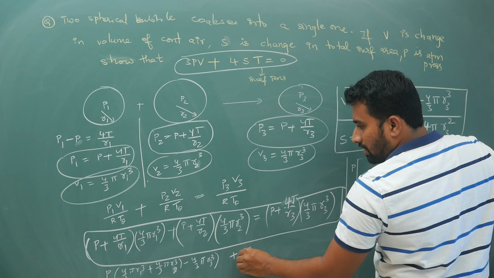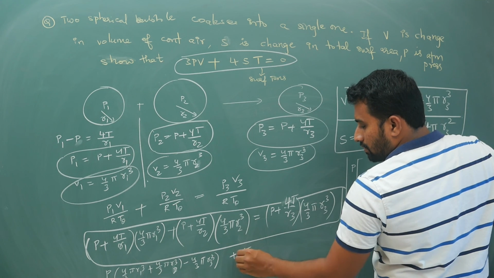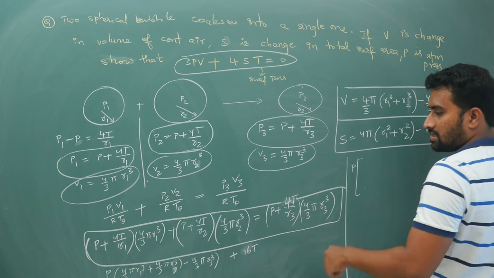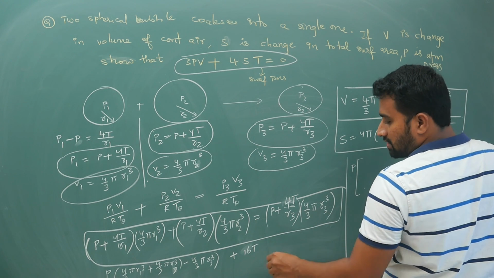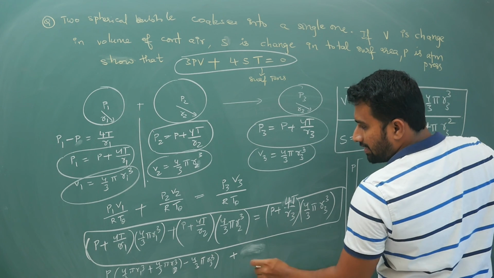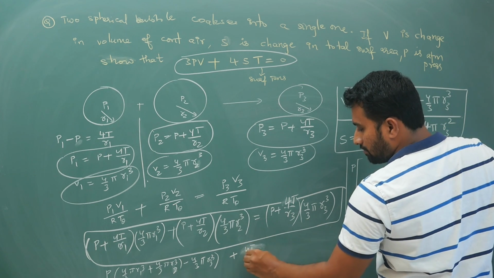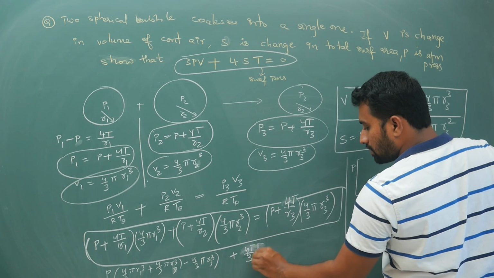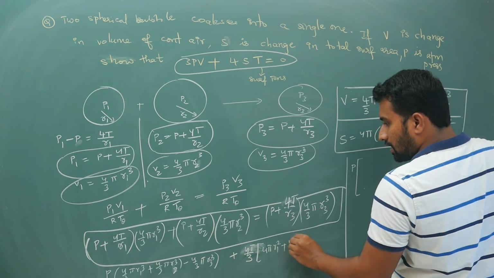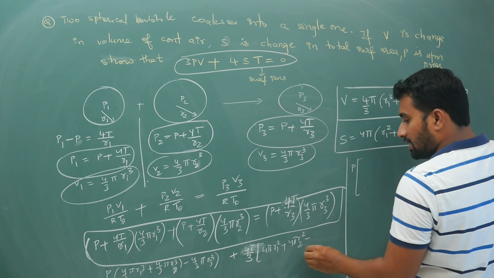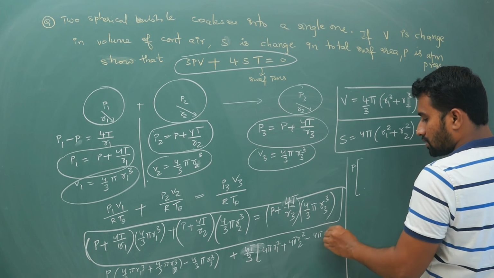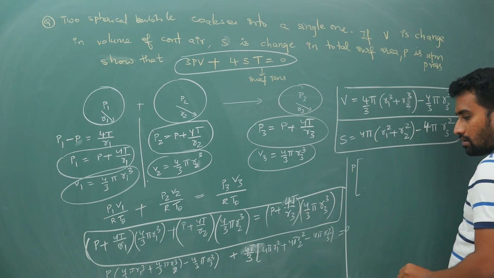So 4T, you can write it as 16T. 4 fours are 16T. If you take 4T by 3 common, you will get 4 pi R1 square plus R2 square minus 4 pi R3 square, which is equal to 0.